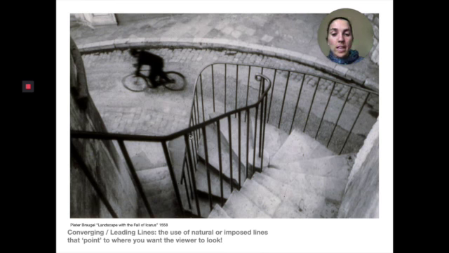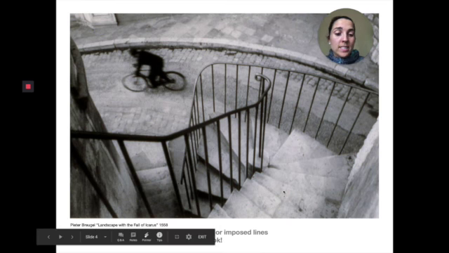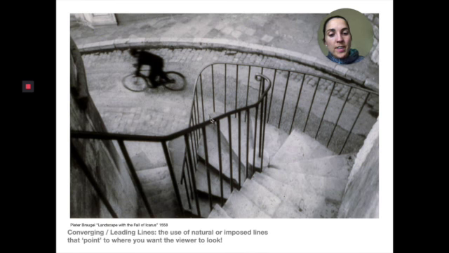This railing here comes around, curves, and points towards the cyclist. And you could even go as far as to say that the stairs are angled. Now they do keep going down, but there's a definite sharp point here in this stair that leads our eye to the cyclist. And even the road itself, the kind of different tones of the pavement, are leading our eye to the cyclist.